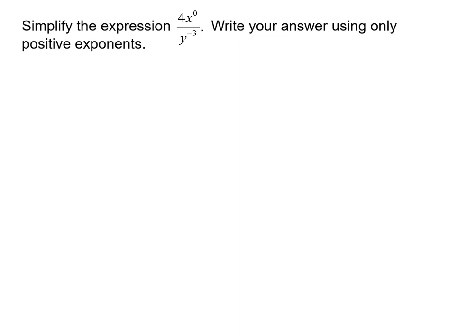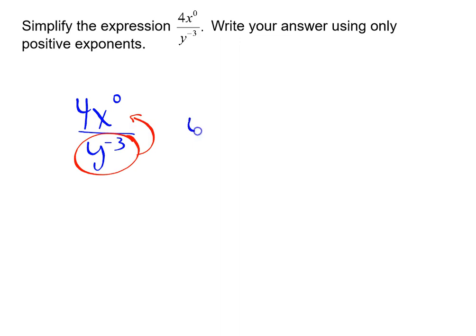Here we have 4x to the 0 over y to the negative 3. This is a good example where we have a negative exponent, but it's not the only thing going on. Instead of doing the reciprocal of that y to the 3rd and putting a fraction inside of a fraction, we're going to move it up to the top with our 4x to the 0.